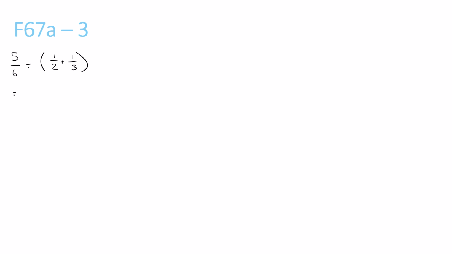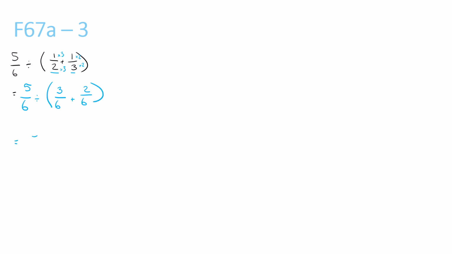This one here, you want to do what's inside the brackets first, so rewrite 5 over 6, divided by, now the LCM of 2 and 3 is 6, 2 times 3 is 6, so 1 times 3 is 3, plus 3 times 2 is 6, so 1 times 2 is 2 over 6.